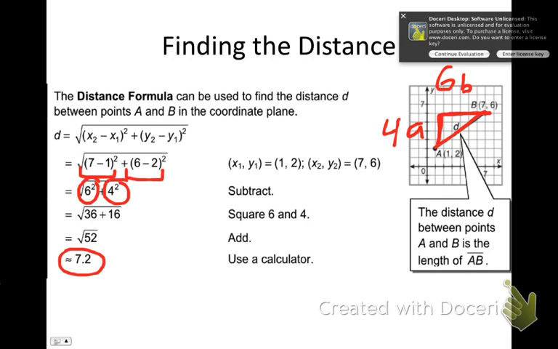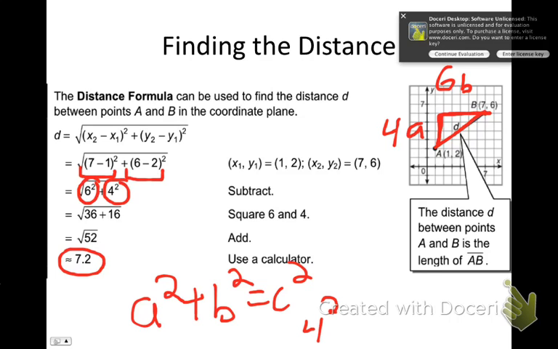I can now use the Pythagorean theorem. A squared plus B squared equals C squared. So I take 4 squared plus 6 squared.